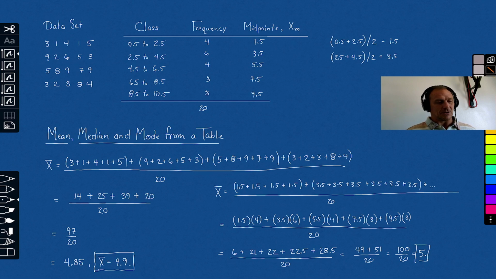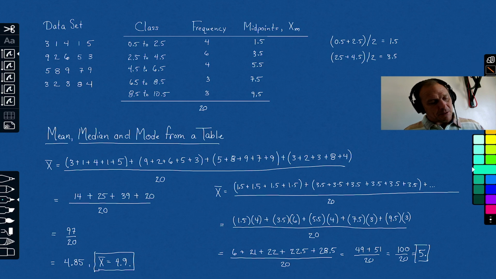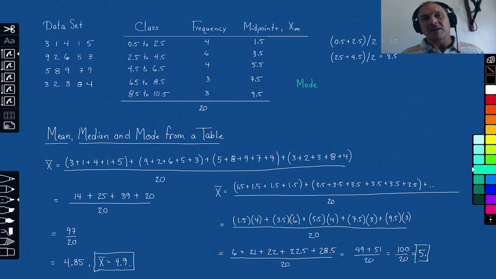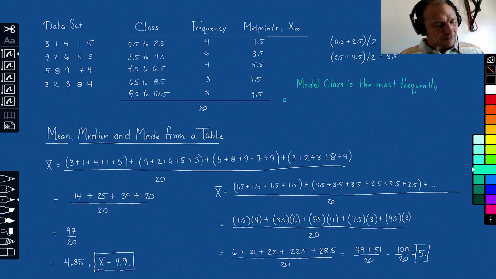The last two things we want to do are the mode and the median. Let's do the mode. In this case, we don't have a single mode. It's actually a modal class. The modal class is the most frequently occurring class.